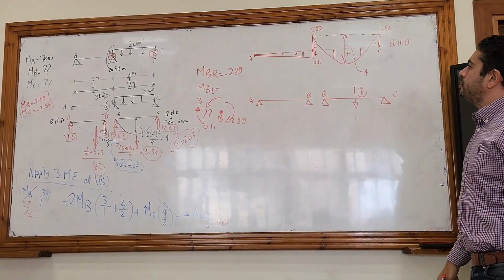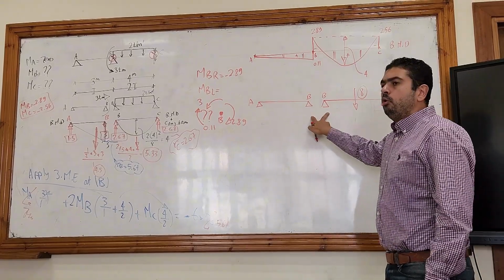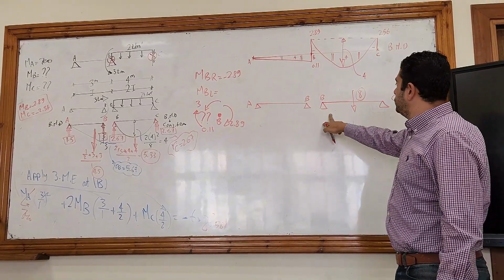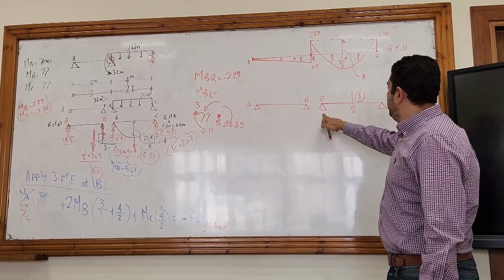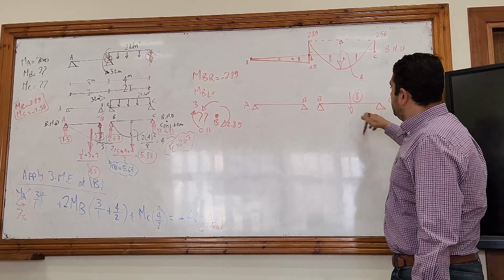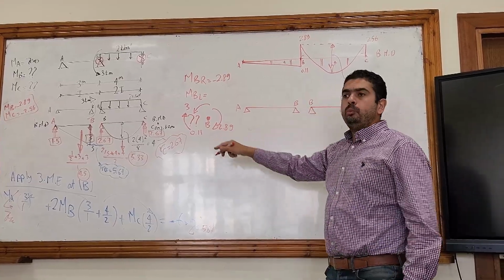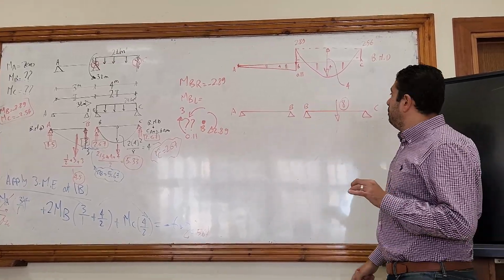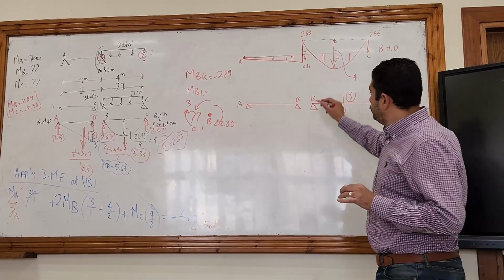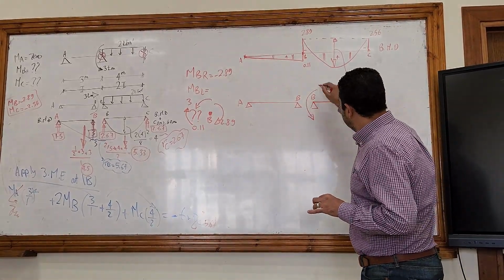What about the moments? I have 2 moments at B. When I am going to deal with BC, which is right, the MB right was 2.89, with the moment upwards like this.